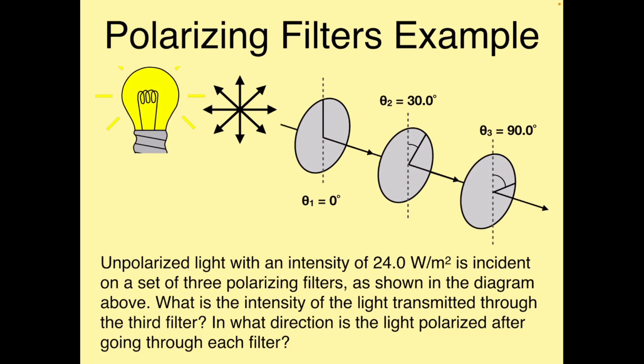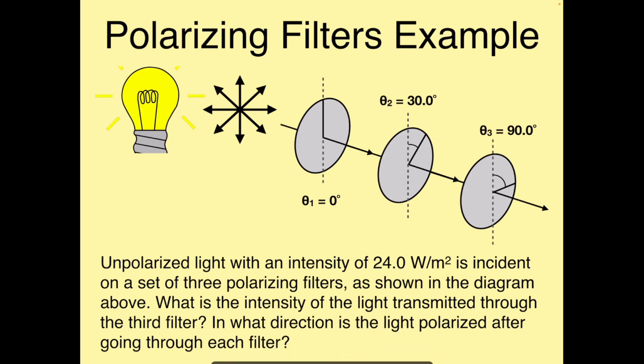So let's do an example involving polarizing filters. Here we have unpolarized light with an intensity of 24.0 watts per square meter, which is incident on a set of 3 polarizing filters. So the light goes through each filter one after the other. By the way, an easy way to get unpolarized light is to use a standard light bulb.